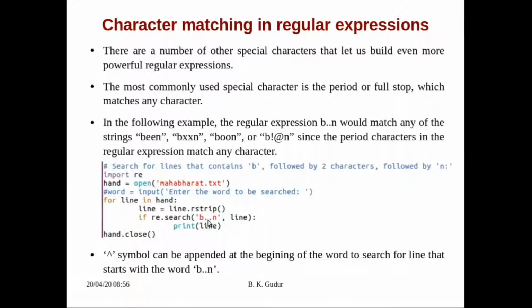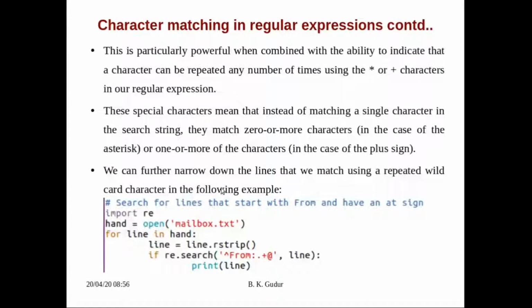But its power can be extended, so along with a dot if we add star and plus, these special characters mean that instead of matching a single character in the search string, they match 0 or more characters in case of the asterisk, or 1 or more characters in case of plus.